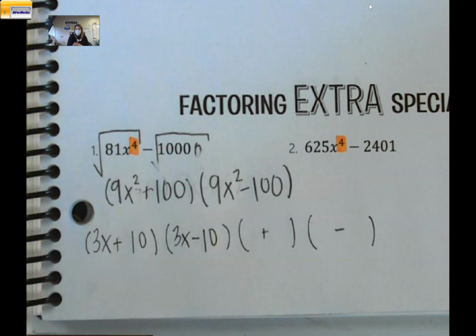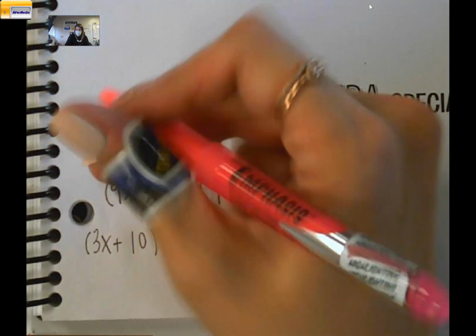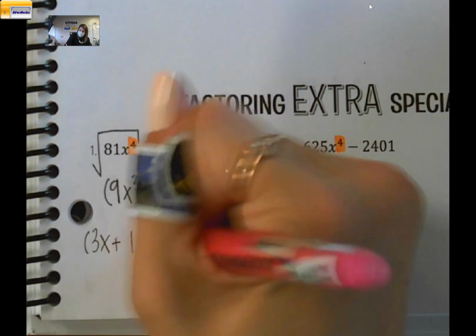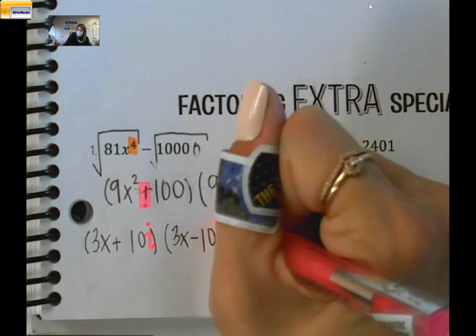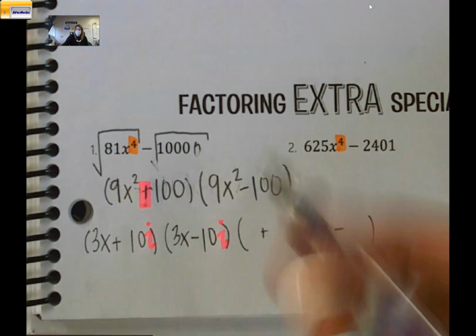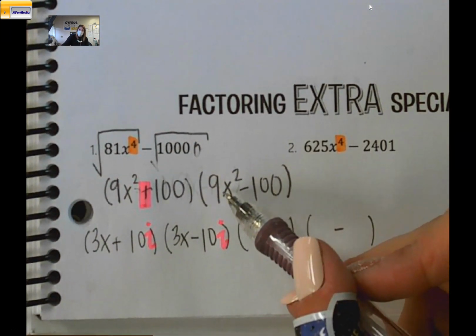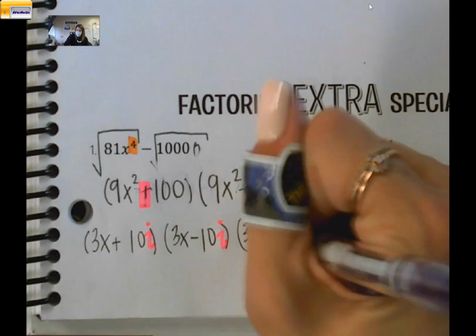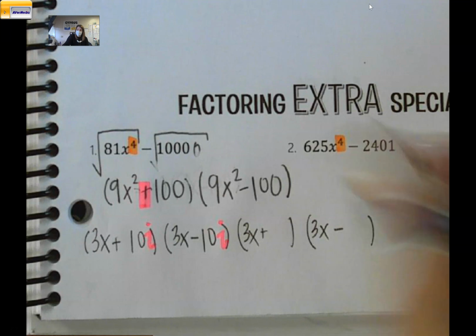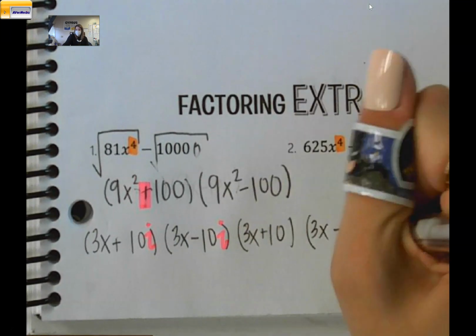But that was a plus. So we have to make sure that we put the I on the 10. Then it's the same for the second one. 9x squared goes to 3x. Root of 100 goes to 10.